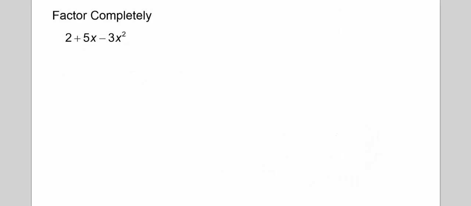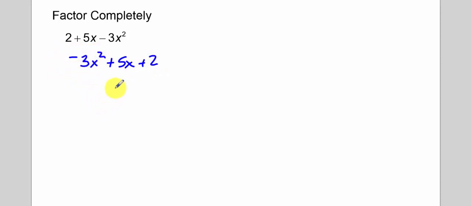So this may not look like a complete factoring problem, but here's the deal. I do not like factoring with a leading coefficient of a negative, and I say that's a leading coefficient because I would write this with my x squared term first, so that's negative 3x squared plus 5x plus 2, and I don't like a negative as my leading coefficient.